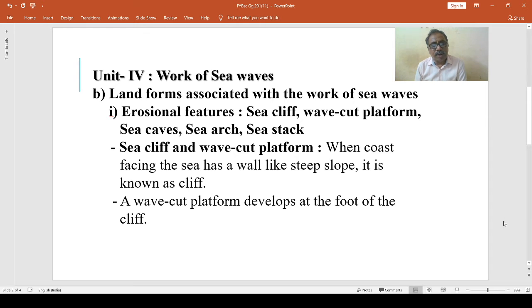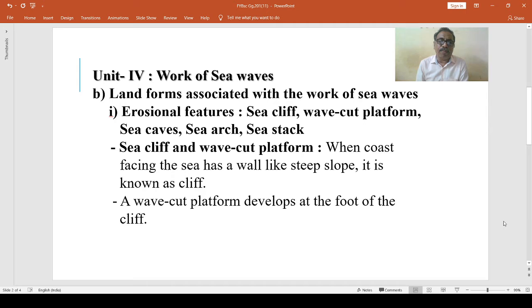Cliffs and wave-cut platforms come into existence in a sequence. The sequence is like this: the waves dash against the hill, and due to the action of waves a notch is formed between high and low tide levels.